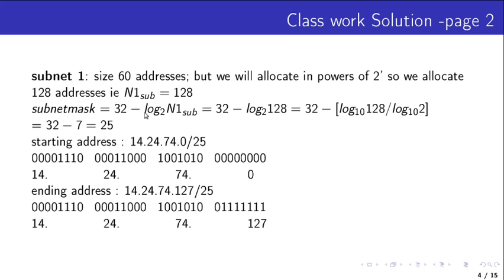So the prefix is 32 minus log of n sub to the base 2. Those who don't know how to find logarithm to the base 2, take logarithm to the base 10 of the number divided by logarithm 10 of 2, or else on a calculator you might have log 2 directly. So the prefix length is 25.